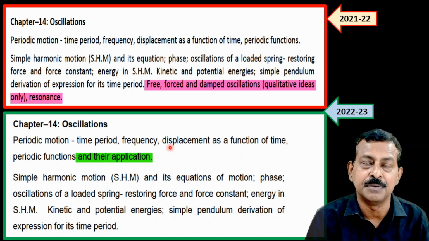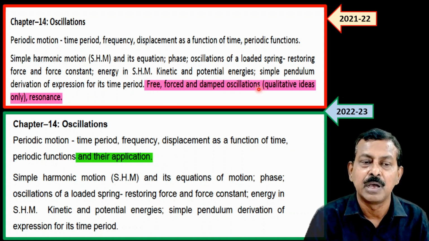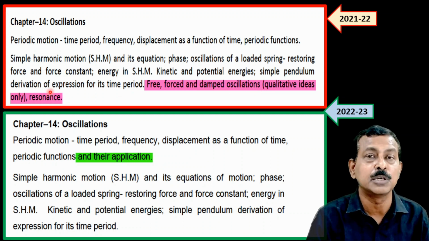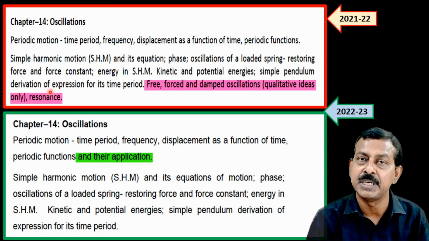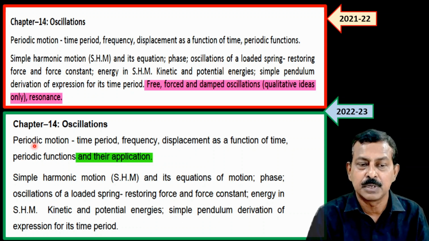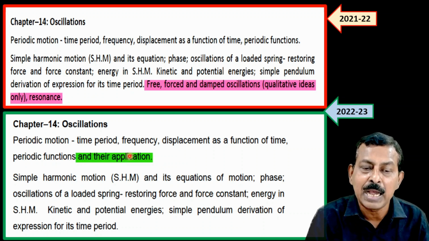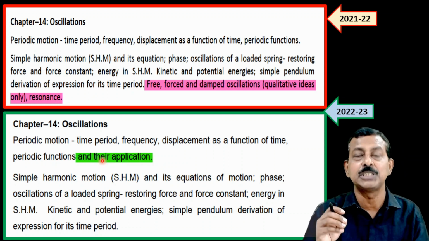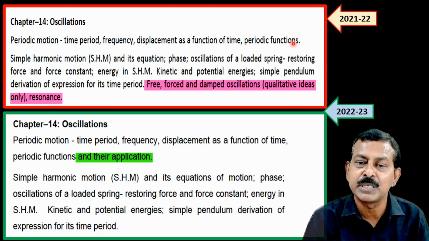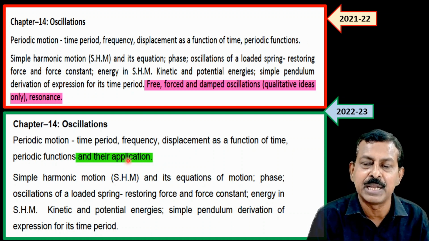In oscillation, free, forced and damped oscillation as well as resonance, these topics are not there in the books. So these topics have been deleted. Whereas in the oscillation chapter, periodic functions and their applications, the application part has now been added. Periodic function was earlier also there in the syllabus, but now its application has been added extra.